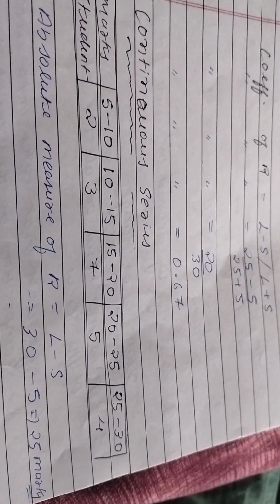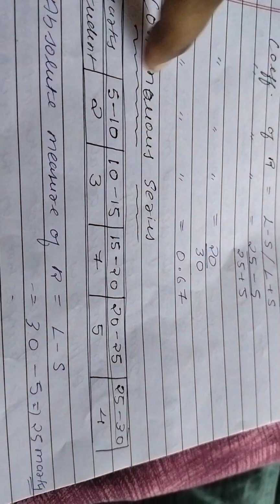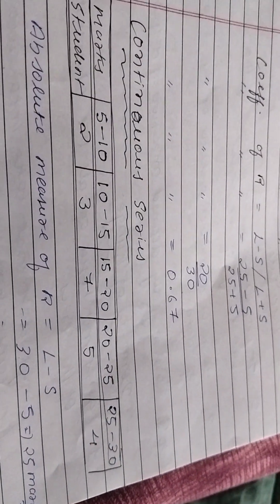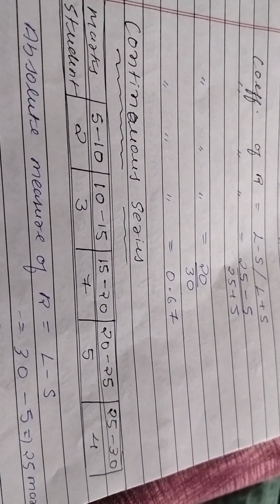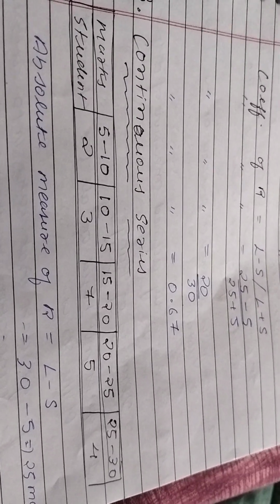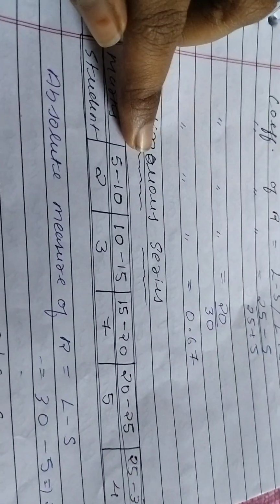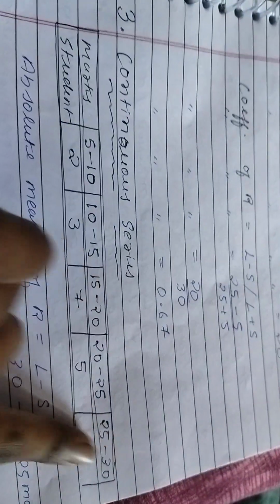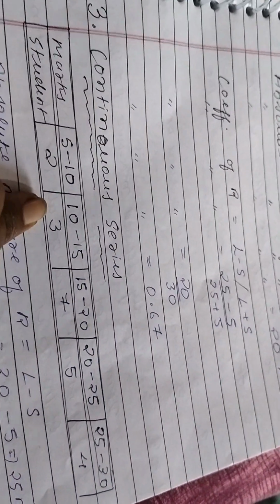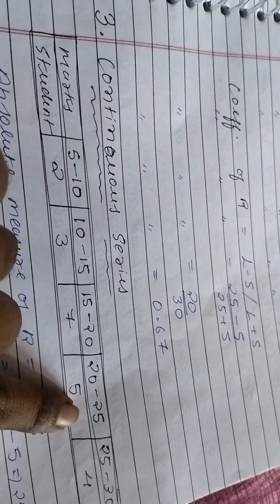Here you can see that in the continuous series it is already mentioned that the smallest value is in the beginning and the largest value is at the end. So here there is a 5 and 30. You can also take the mid values, it is the same, but it can also be specified by the question.